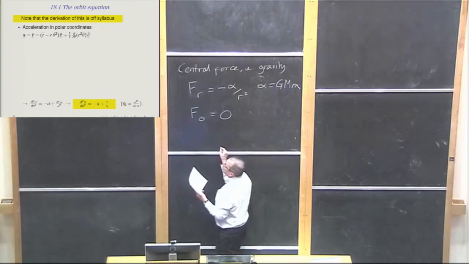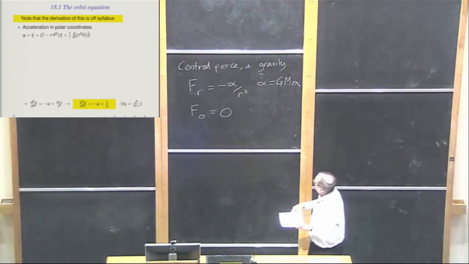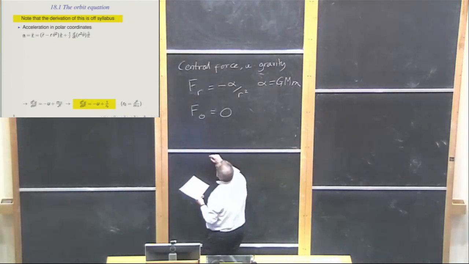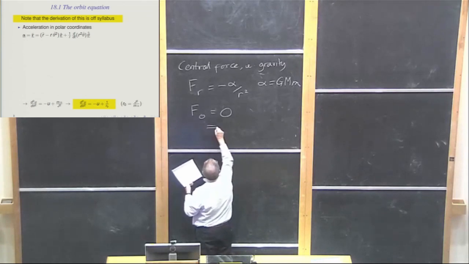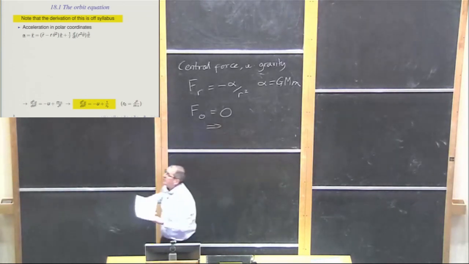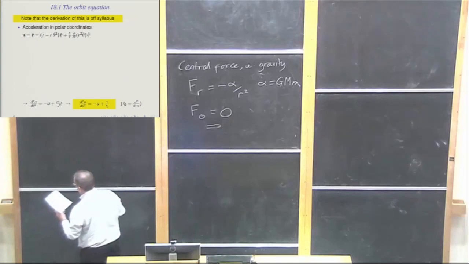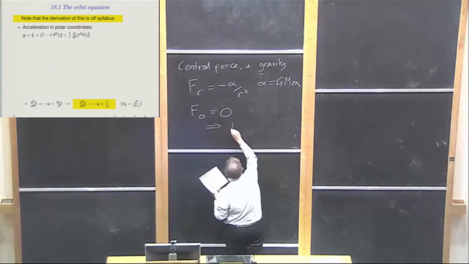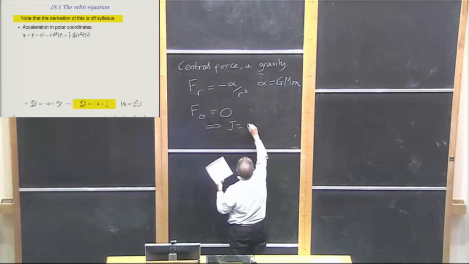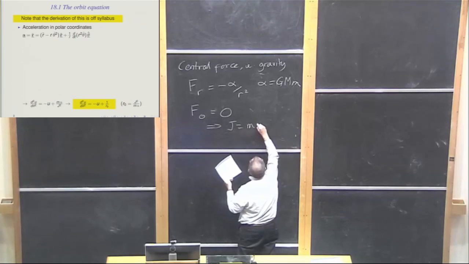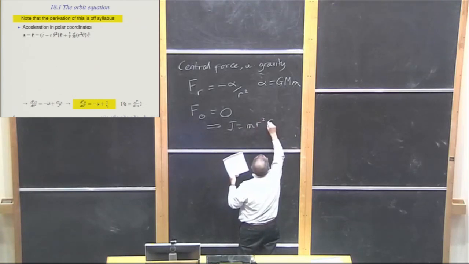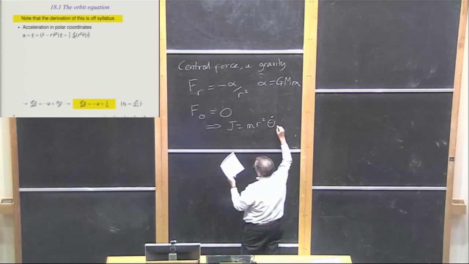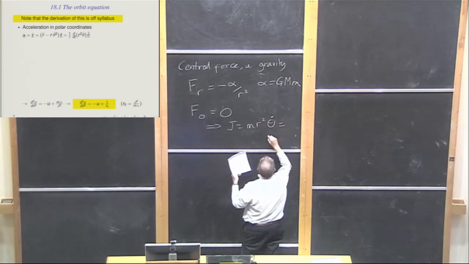Okay. Right, now as we've already seen, the azimuthal component being 0 leads to the consequence that angular momentum is conserved. We've seen this, we don't need to rehash it. So that is that m r squared theta dot is constant.